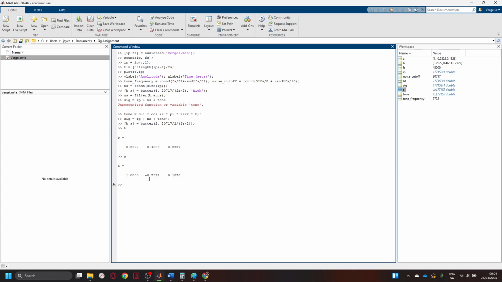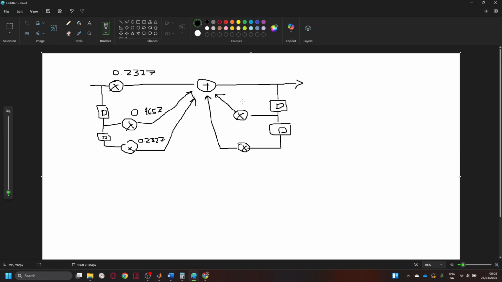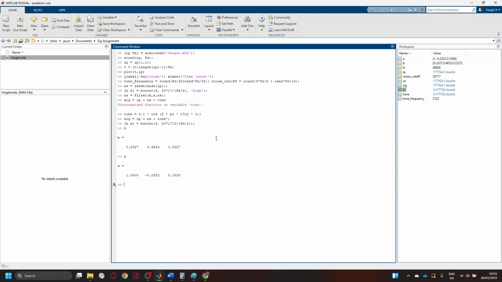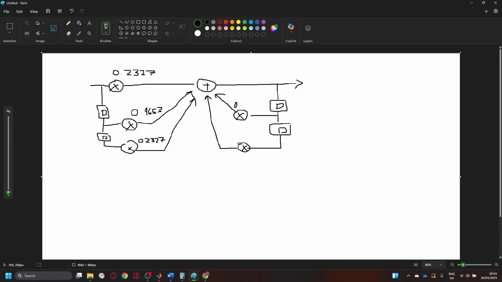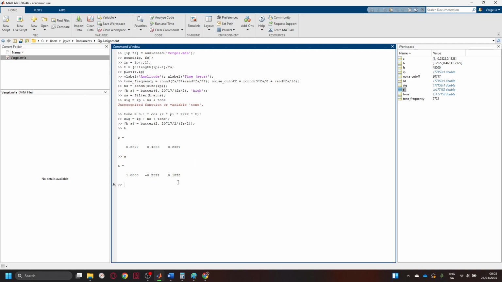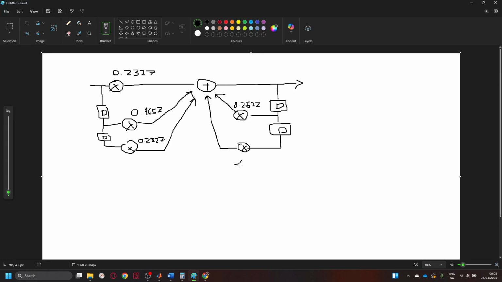For the y's, of course, 1, then negative 0.2522. It's actually going to turn positive once it goes over to the other side. So 0.2522. And since this one is positive, it's going to turn negative. So 0.1828. Yep.